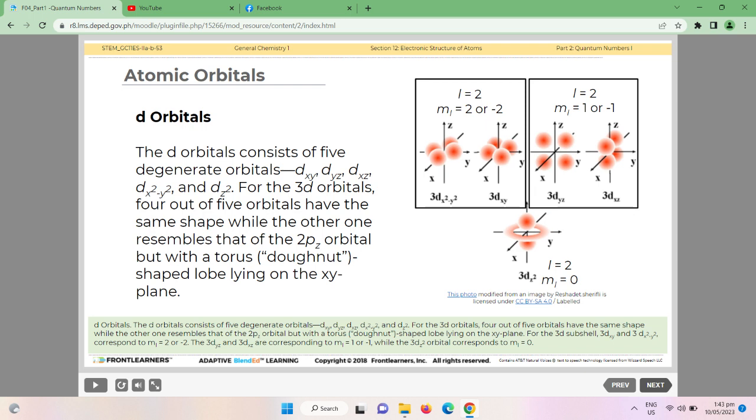For the 3d subshell, 3dxy and 3dx squared minus y squared correspond to m subscript of L equals 2 or negative 2. The 3dyz and 3dxz correspond to m subscript of L equals 1 or negative 1, while the 3dz squared orbital corresponds to m subscript of L equals 0.